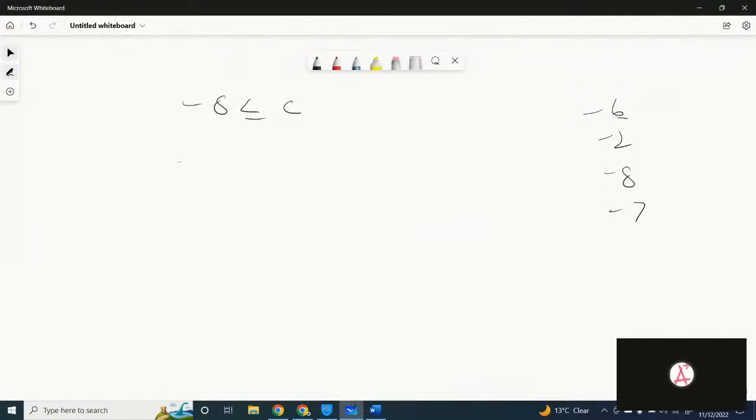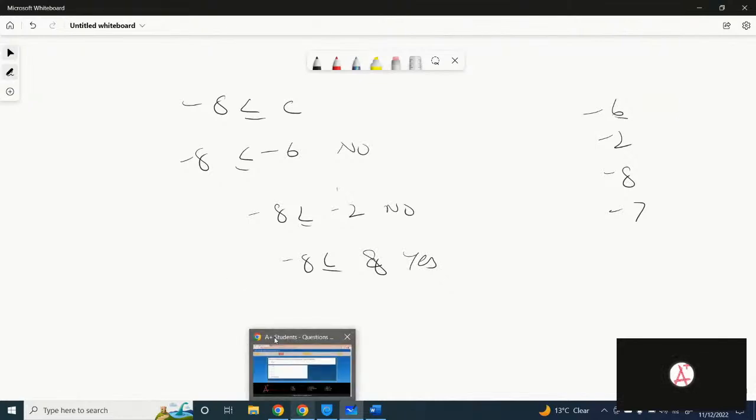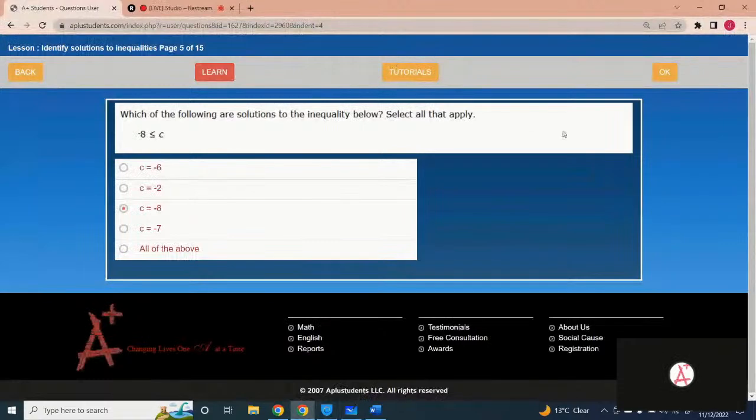Let's check with this one. Is negative 8 less than or equal to negative 6? No, because as you are moving far from 0 on the negative side, you are getting smaller and smaller. Is negative 8 less than or equal to negative 8? Yes, they are equal. Not less, but equal. So the solution is negative 8. Got it?